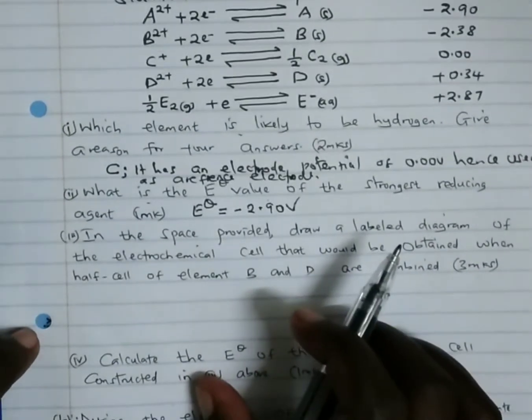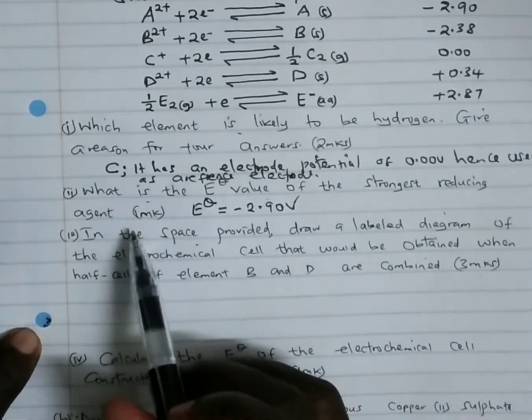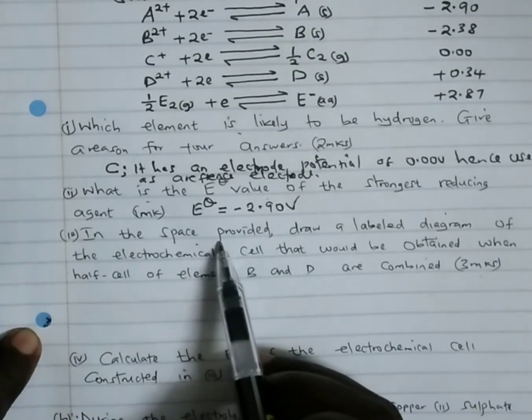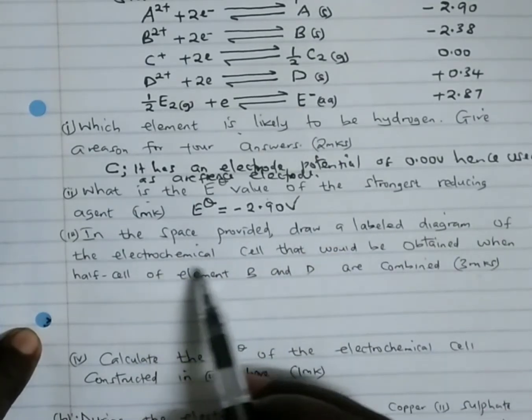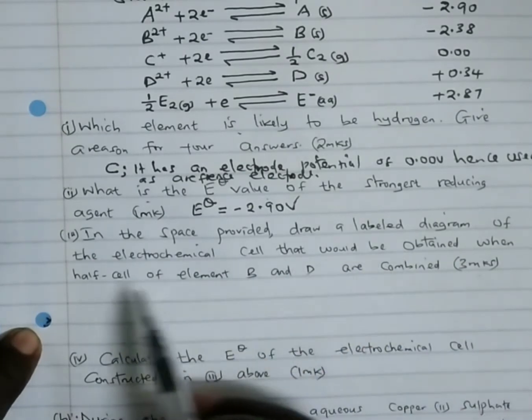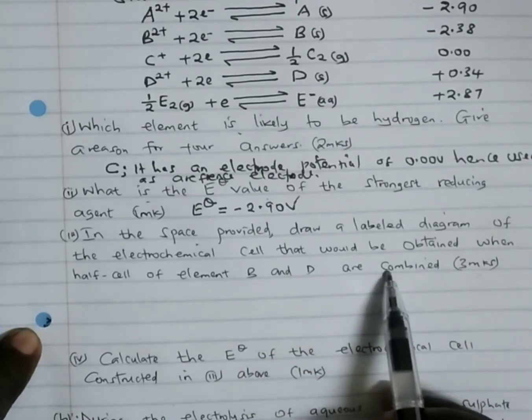We move down to Roman 3. In the space provided, draw a labeled diagram of the electrochemical cell that would be obtained when half cells of elements B and D are combined.